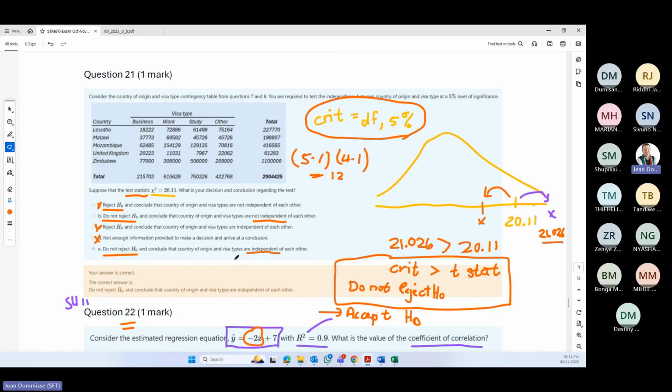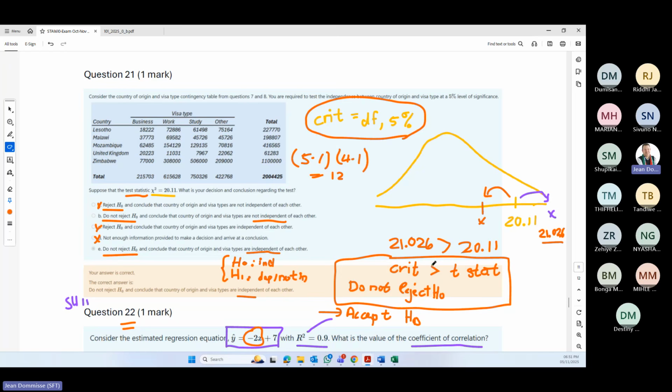Okay, so there they bring in that H0 is always talking about independence. The alternative is always talking about dependent or not independent. And just remember, now they brought back the two hypotheses.